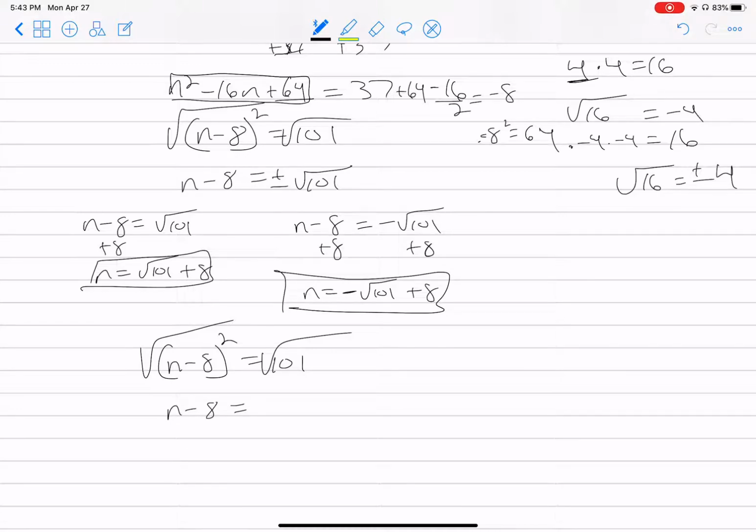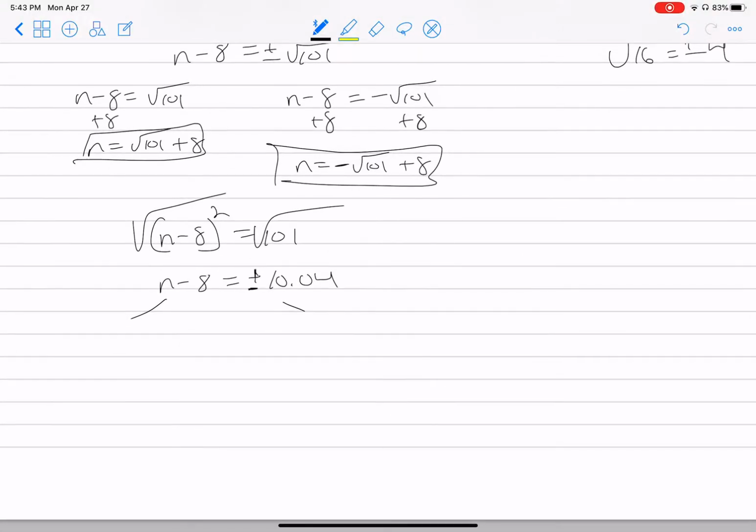So if I figure out what the square root of 101 is, it's 10.04. But you forgot that this is the positive 10.04 and negative 10.04. So I still have to do two answers.